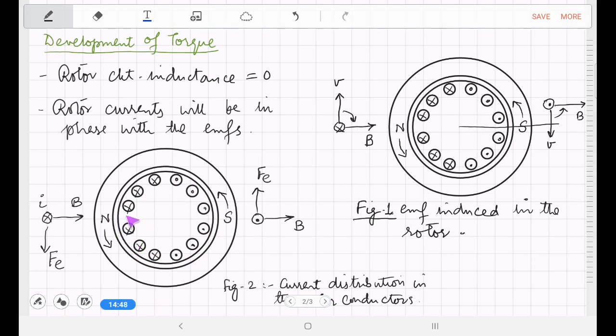So what we conclude is, for the rotors to be rotating in the direction of the rotating magnetic field at a speed less than synchronous speed, or moving in the direction opposite to the rotating magnetic field, the torque will always be in the direction of the rotating magnetic field.